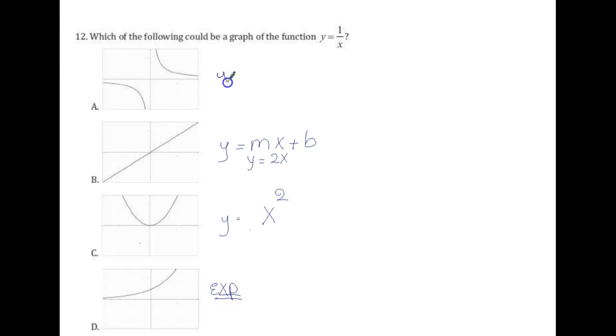Anytime you see y equals 1 over x, or x is at the bottom, this is how the graph should look like, and it should have two parts. Okay? And if it's none of that, then D will be your choice. But I need you guys to memorize this for the TSI, that when x is at the bottom, you have two sections.